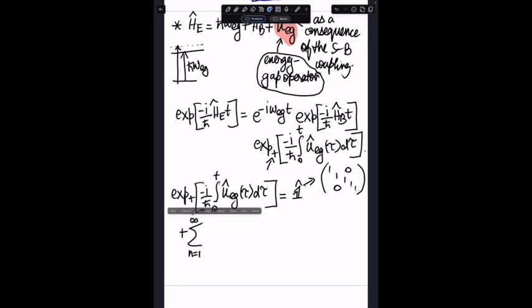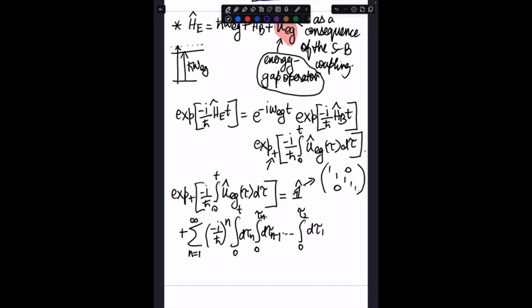I'm writing the full expression here, and then you have minus i over h bar to the power n, and then an n-fold integral, or if n goes to infinity, an infinite integral, but here we write it as an n-fold integral from 0 to t, d tau n, from 0 to tau n, d tau n minus 1, then finally from 0 to tau 2, d tau 1, and then you have all your energy gap operators.